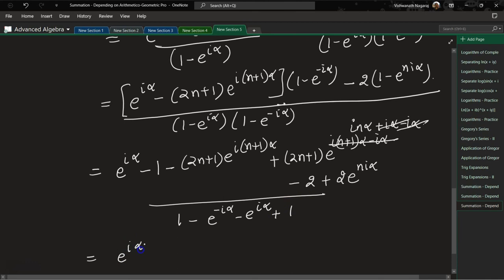Now e to the power of i alpha, this minus 1 minus 2 we can write as minus 3.